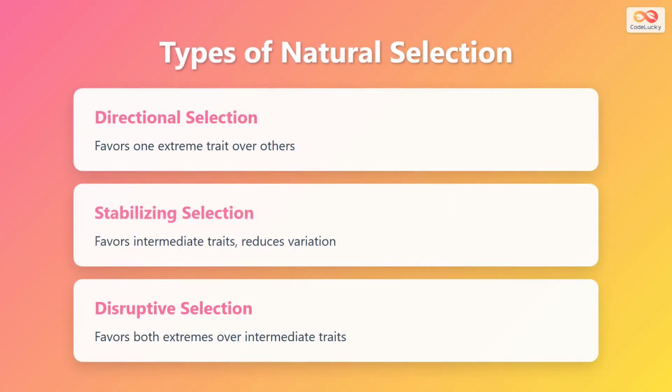Natural selection operates in 3 distinct patterns. Directional selection favors one extreme trait over others, shifting the population in one direction. For example, if larger body size helps survival, the average size in the population increases over time. Stabilizing selection favors intermediate traits and reduces variation.